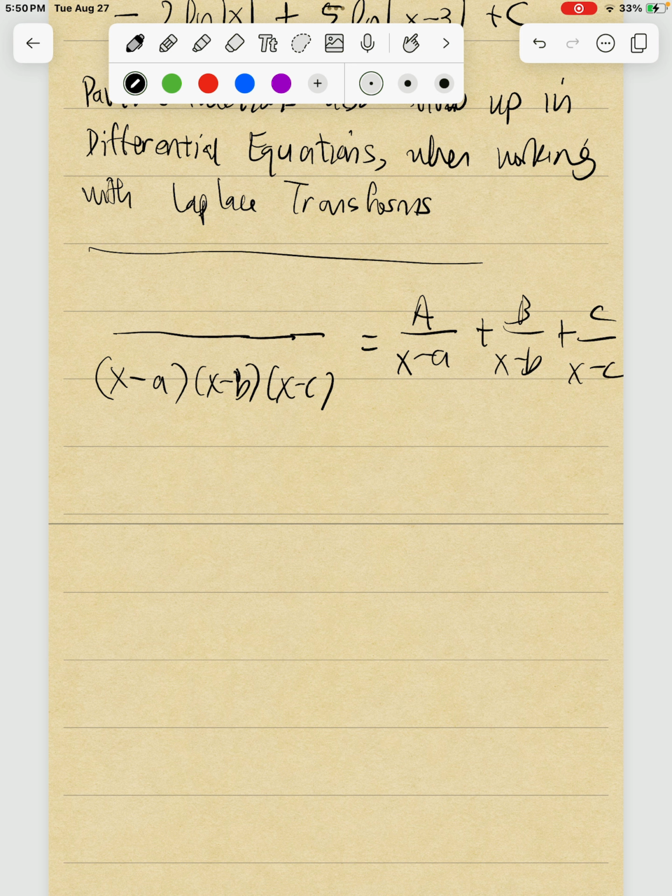And this is assuming that you have on the numerator degree 2 or less, right? Because you want the numerator to have degree lower than the degree of the denominator in order for it to work. So that's how you do it if you have multiple factors that are linear on the bottom.